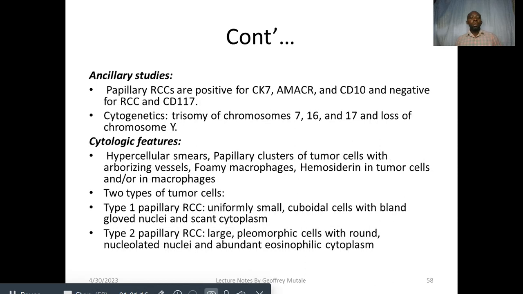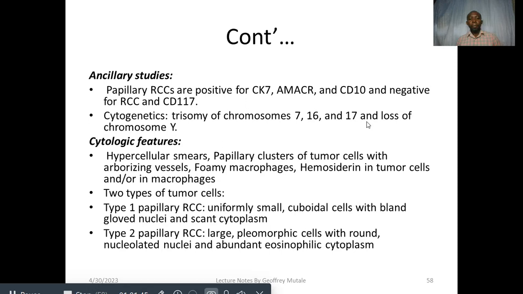So when you look at ancillary tests, we have these markers that we can actually employ, and going for cytogenetics, a trisomy of chromosome 7, 16, and 17 and loss of chromosome Y are very important and significant in this case of papillary renal carcinoma.